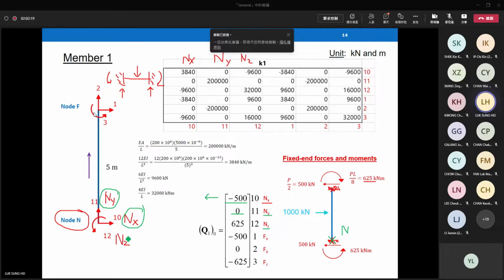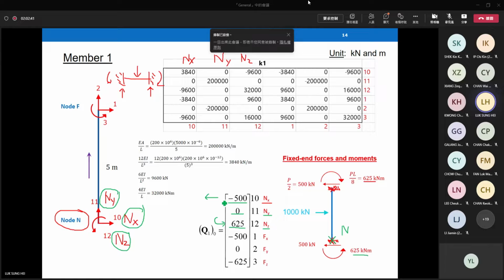In the picture, we have a moment at the bottom. The moment is anti-clockwise, and the value is 625, so positive. Anti-clockwise moment is positive.